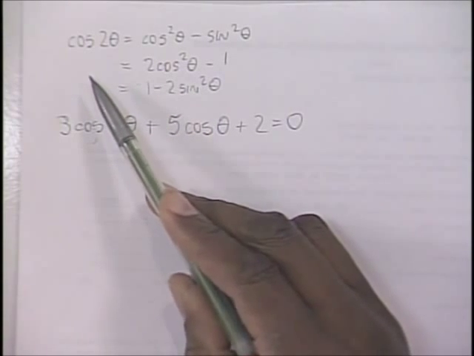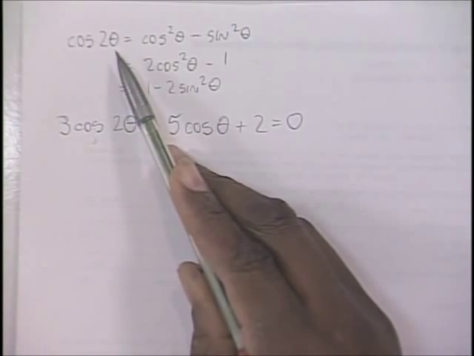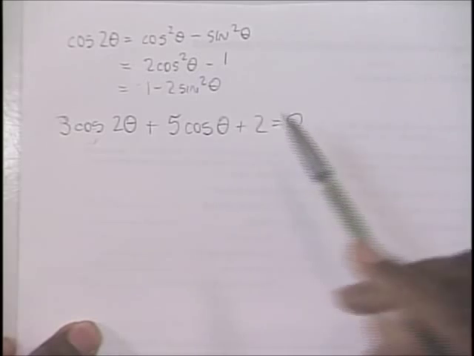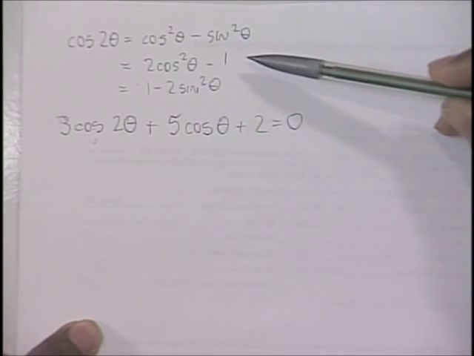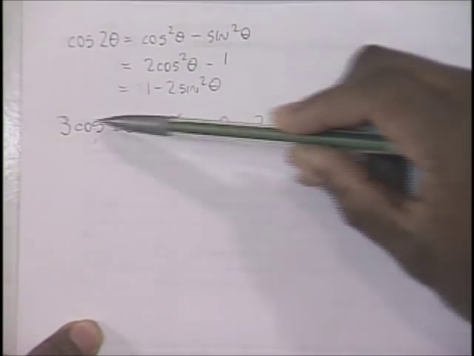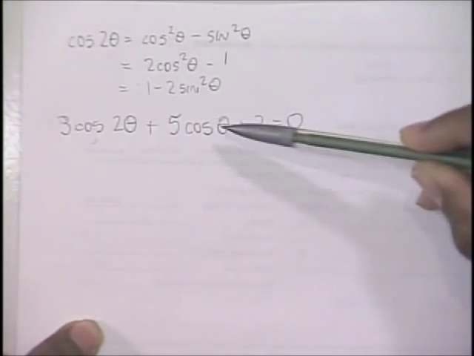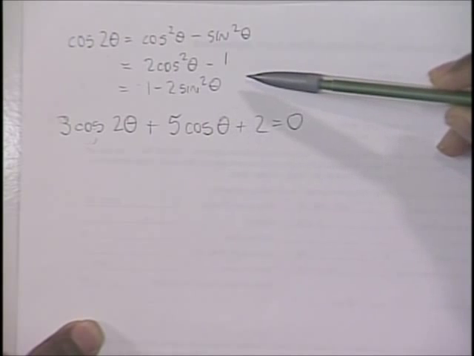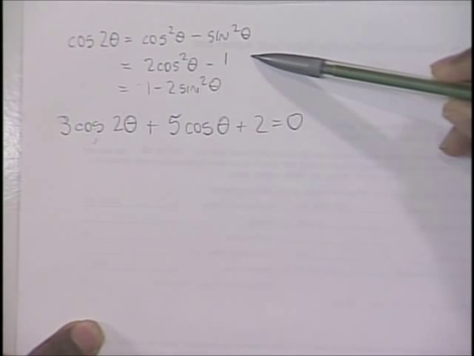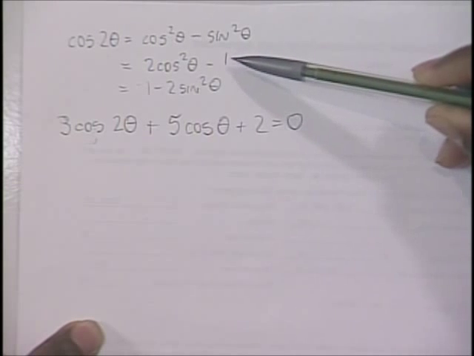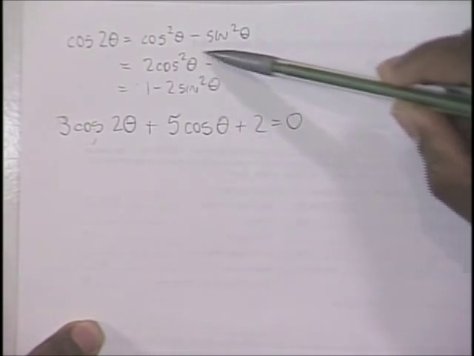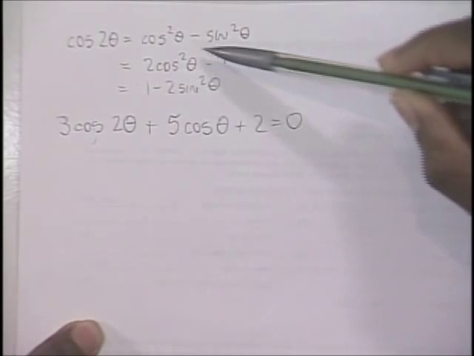One of the things you'll notice is the cosine of 2 theta is equal to 3 different expressions. Because this original problem has cosine theta in it, you would wisely choose this second identity, because cosine 2 theta is written in terms of cosine squared theta.